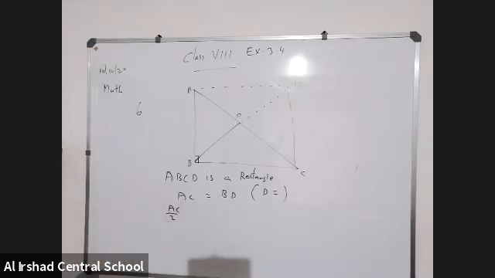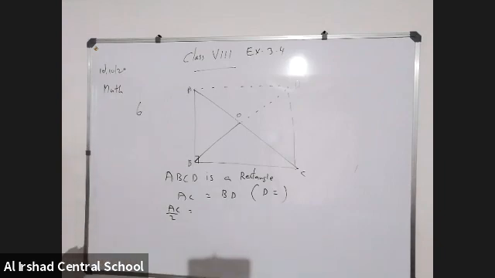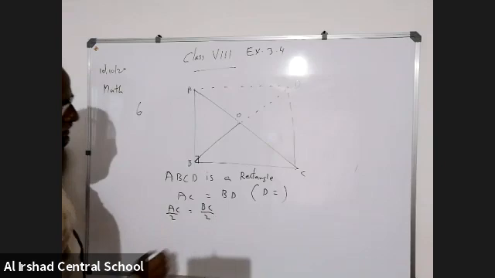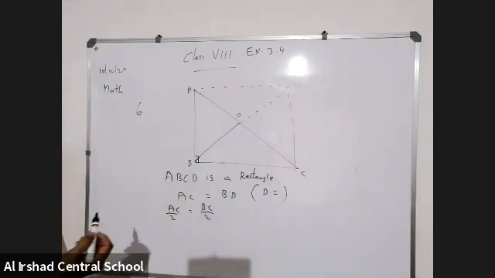Half of AC, AC by 2, is equal to half of BD. Fully equal means half equal.